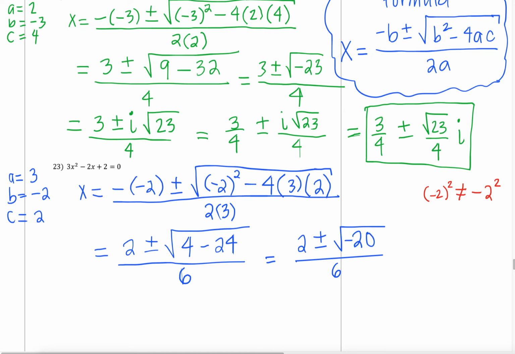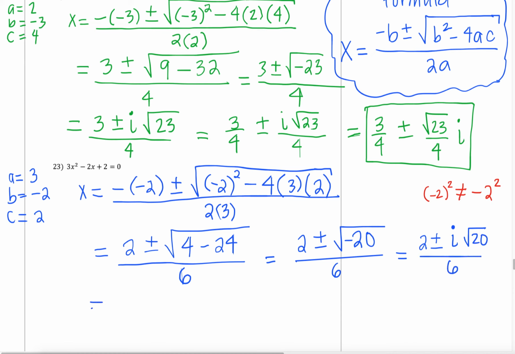From here, we can actually continue to simplify this a lot further. So why don't you guys simplify what the square root of negative 20 is, and then we'll check that together. So to simplify the square root of negative 20, the first thing I can do is take out that negative sign, and remember that the square root of negative 1 is equal to i, so I get i times the square root of 20, all over 6 still.